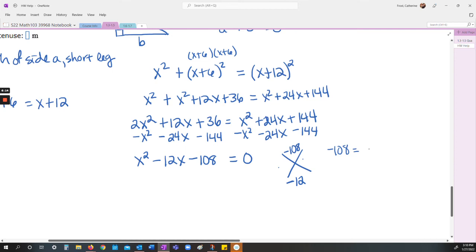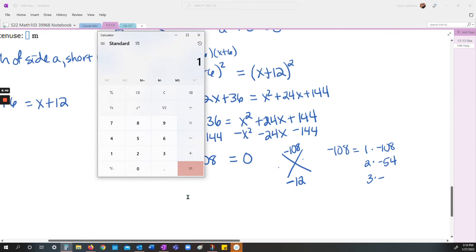So, okay, negative 108. So 1 times negative 108, that's not going to work. 2 times, you could use your calculator, negative 54, that adds to negative 52. 3 times, I should have a calculator out, shouldn't I? I think 14, no, 28. 108 divided by 3.